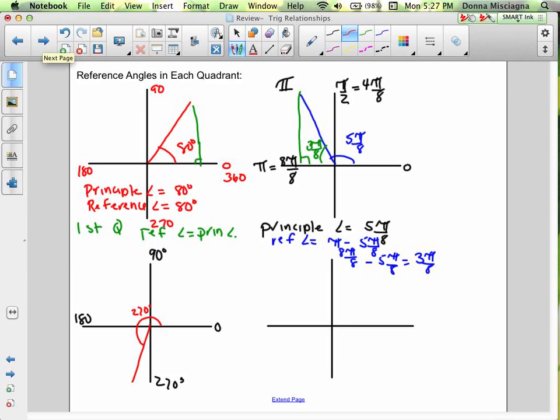In the third quadrant, the reference angle is just the angle between the terminal side and the x-axis.